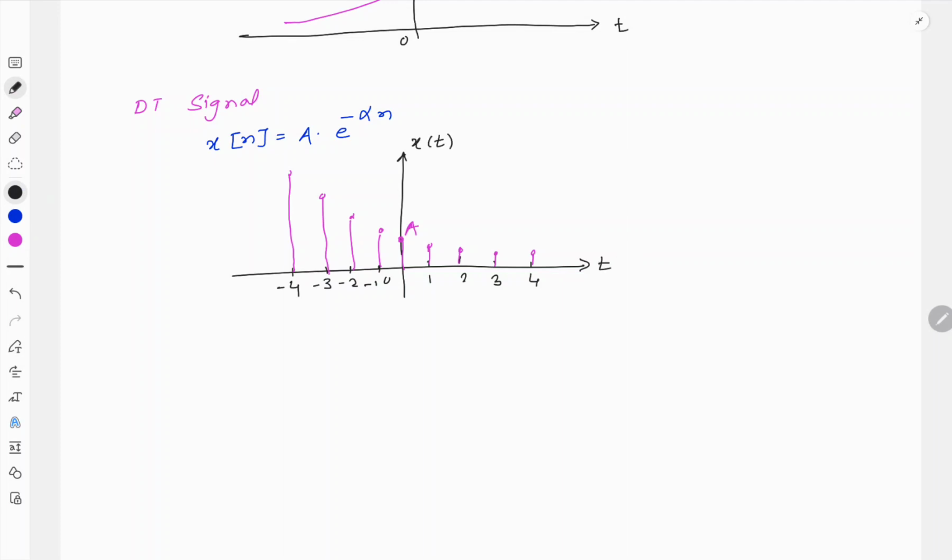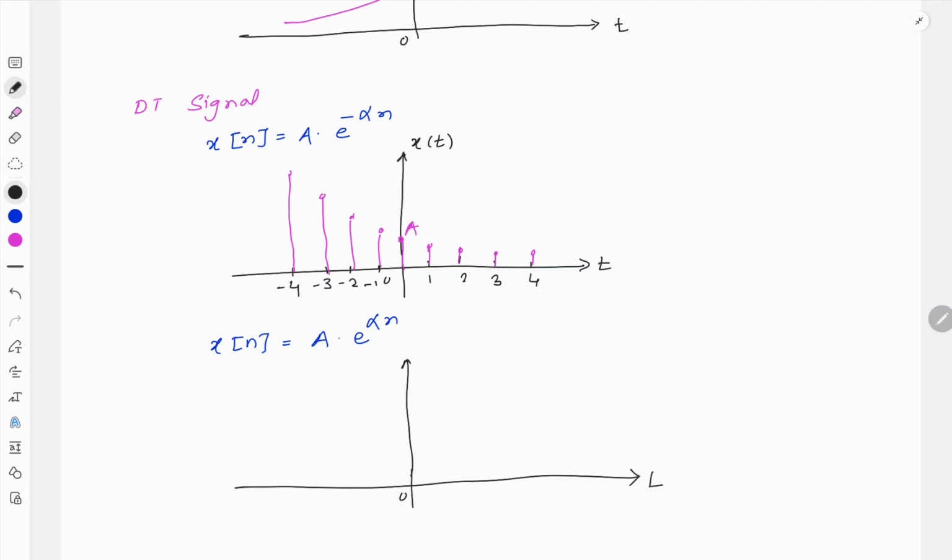Always remember, whenever it is discrete signal, we are drawing the samples at only integer values. Similarly, if we have slope positive, that is x of n equal to a into e raised to plus alpha n, this signal is drawn as, again, axis.